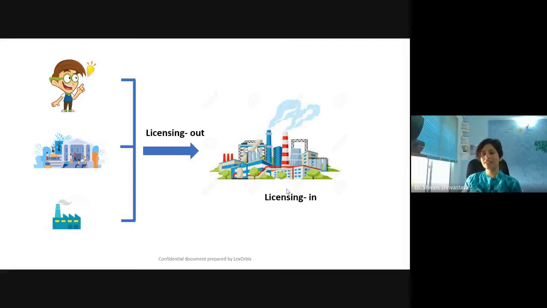If we consider the other side of the table, from the point of view of the organization and an industry, there are industries who are interested in licensing in. They don't have a research lab, but they are very interested in technology. They want to use the latest technologies.